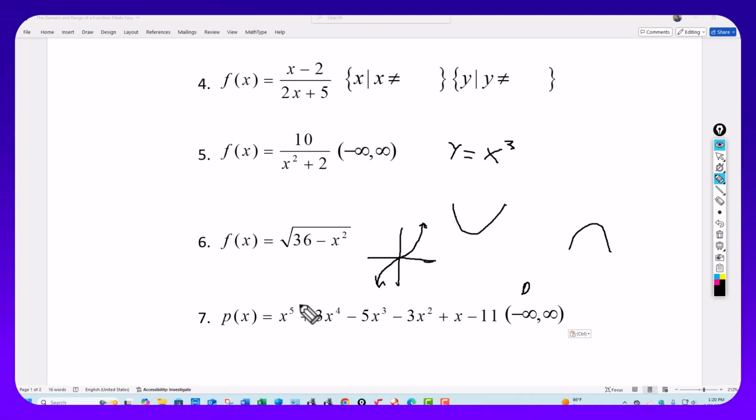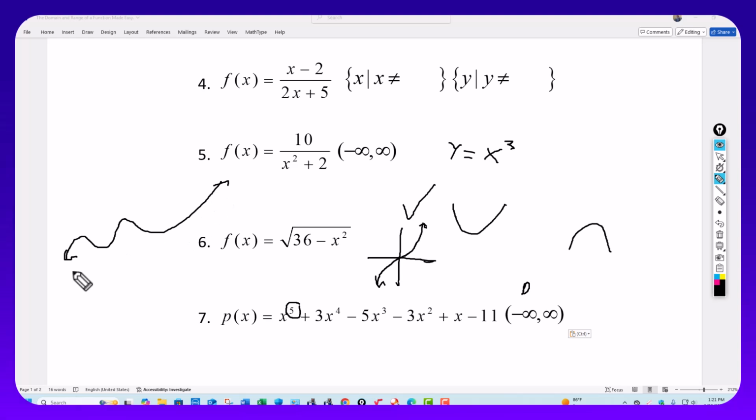Now, if you have an odd degree polynomial, and this one we do, it's 5, it always has a graph kind of like this. It goes up at one end and down at the other end. If you have a 5th degree or a 7th degree, you could have something that goes like this. It might have several loops, but it's going to go up at one end and down at the other end.